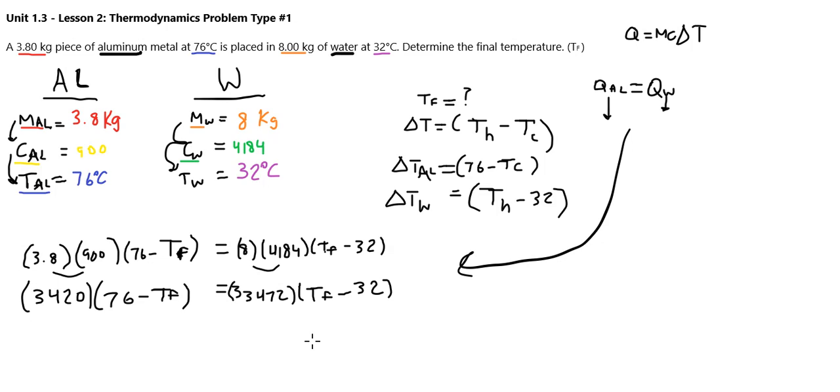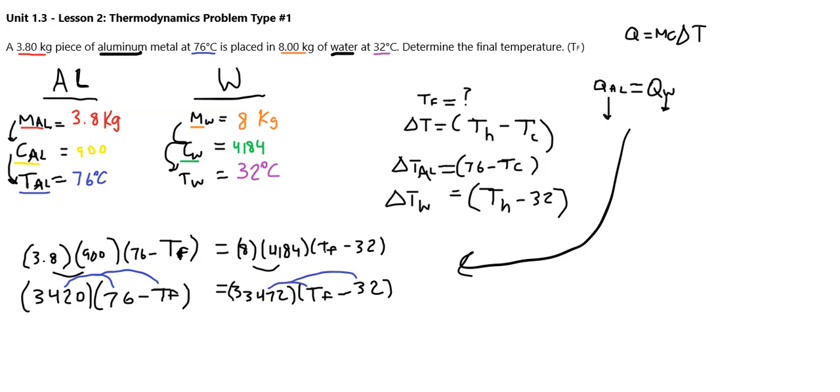Now what? You're like, okay, we can't multiply this by 76. We have to distribute. So I'm going to use a different color to show that. So remember, when you distribute, you multiply by each of those components. So we really are multiplying that, but we also have to multiply that.